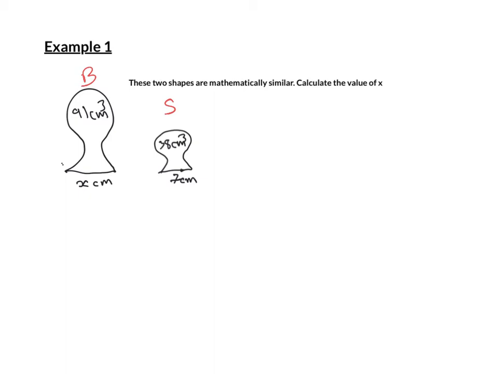We are looking for x, which is a linear, and it's paired with this linear. So we're going to have to work out what to times 7 by to get x. That's going to be a linear scale factor, and it's a small to big one because we're going from the small shape to the big shape. So linear scale factor, small to big.